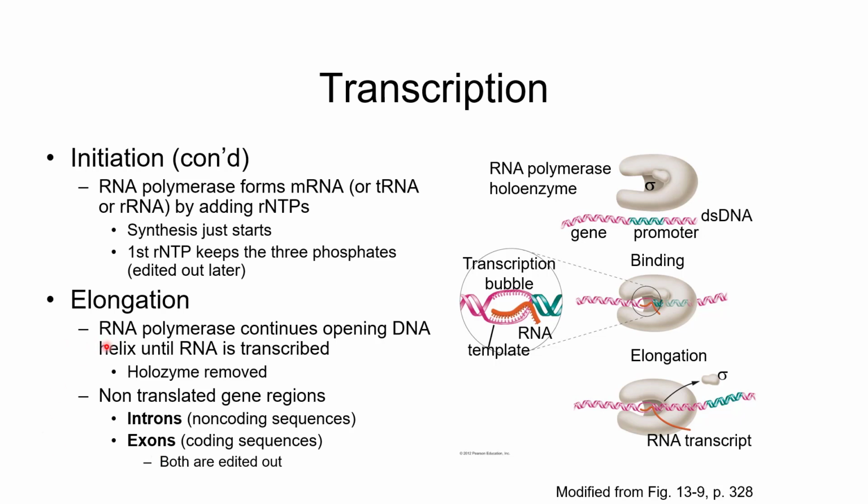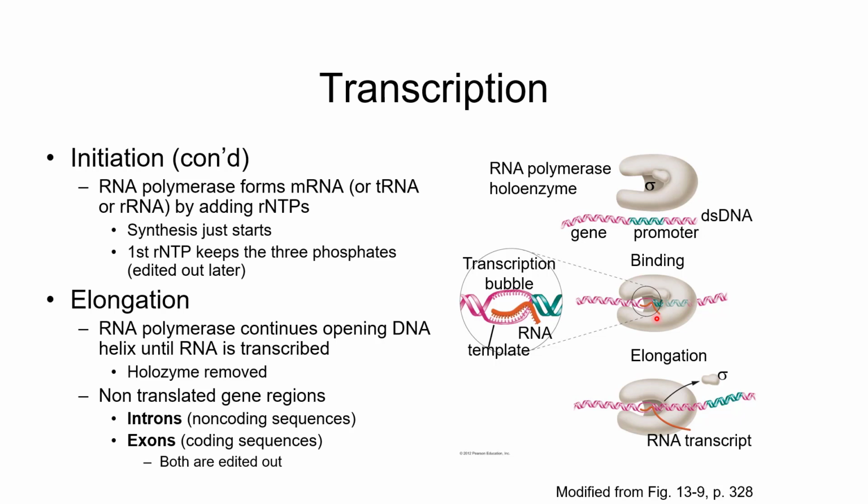But in order for us to get from initiation to elongation, we have to form a small primer of sorts. It's not a primer like how we talked about in replication, but we need to get enough RNTPs added that this complex becomes stable.